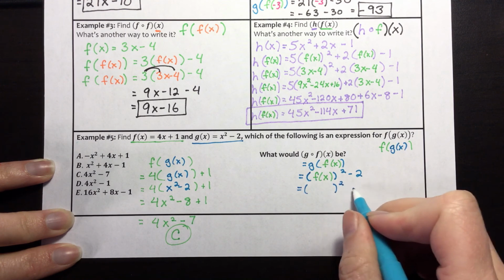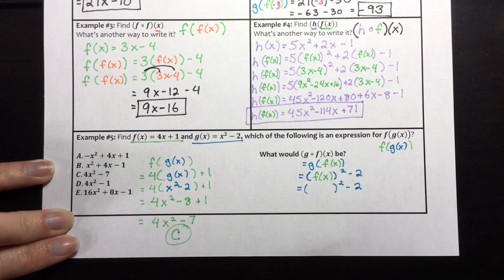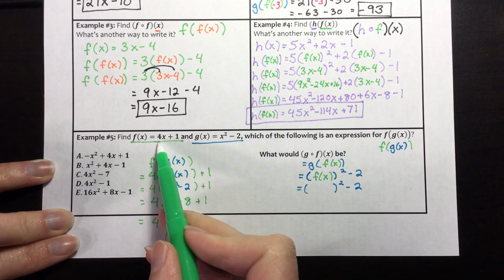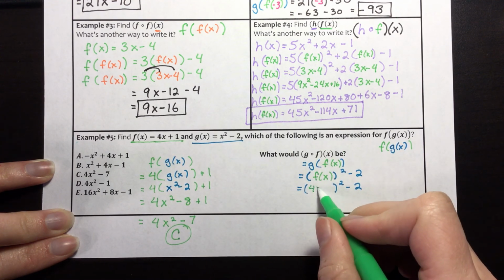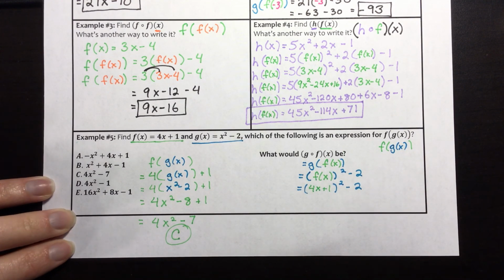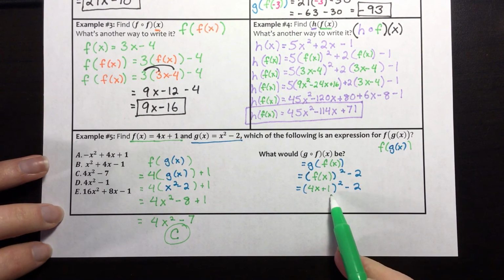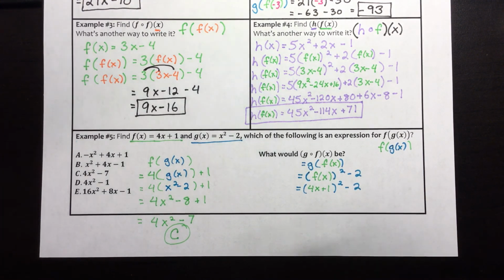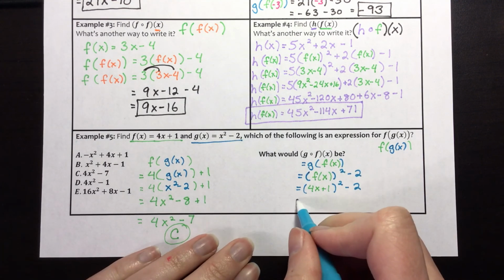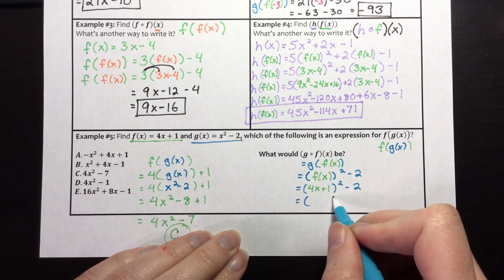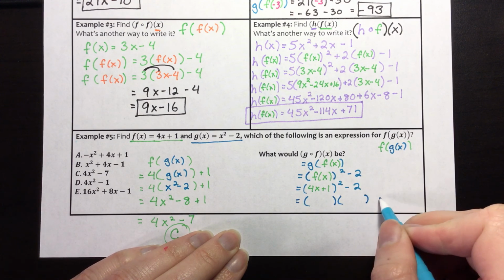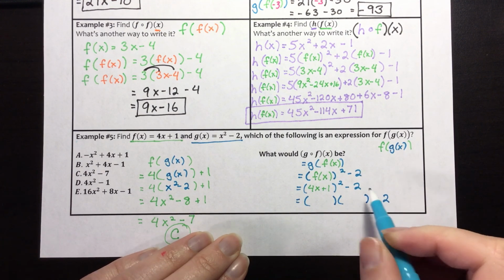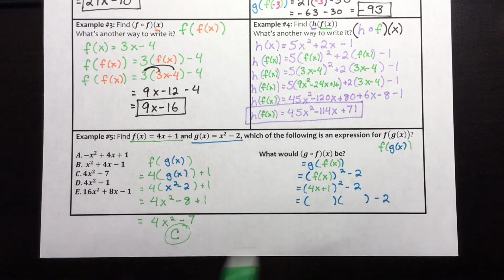We'll rewrite, but instead of f of x, we're going to put the actual function, which is 4x plus 1. And since we're squaring a binomial, a set of parentheses, that means we actually have to multiply it out. So this is going to be the same steps that we did on that note card. I'll just write it out here though. 4x plus 1 times 4x plus 1. And then that little minus 2 just kind of hangs out there.